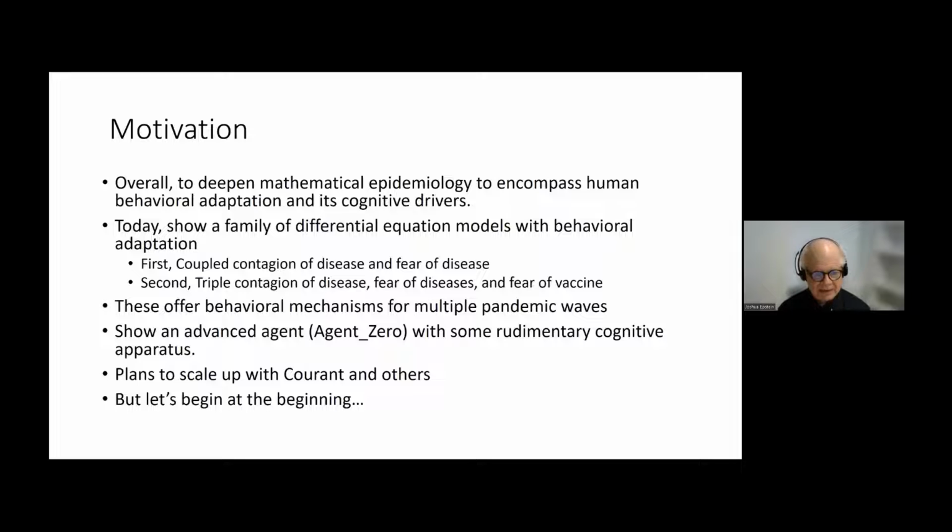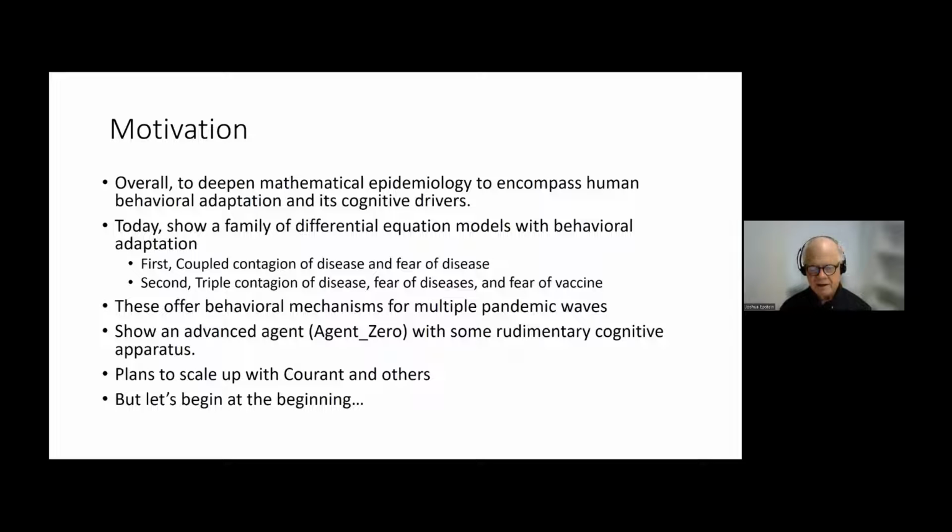And again, most classical epidemiology, as I'll review, really doesn't talk about behavior, when I think we'd all agree it's quite important, and we need to find simple models that encompass it in some way. All right, so these all offer behavioral mechanisms for waves, and I want to show you a more advanced agent, agent zero, which actually includes some rudimentary cognitive science, some cognitive apparatus, and in particular, a simple model of fear learning, fear extinction, and fear transmission.